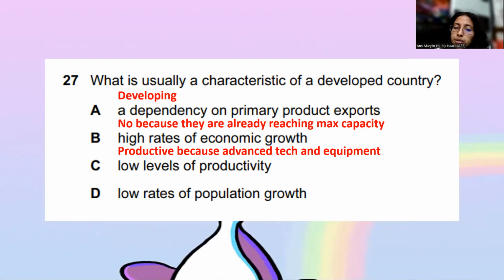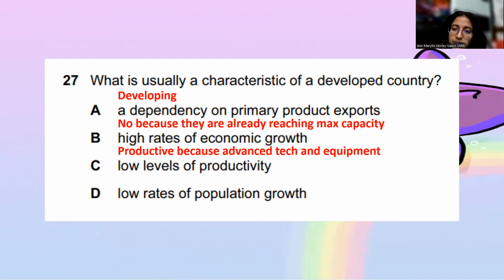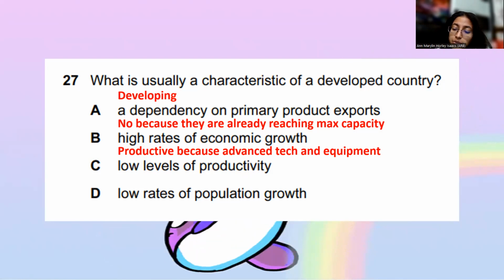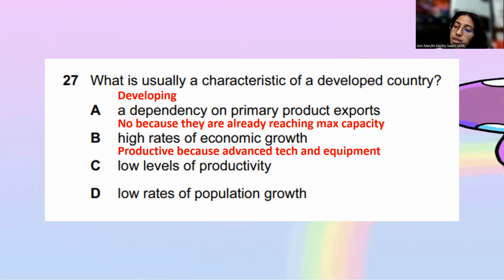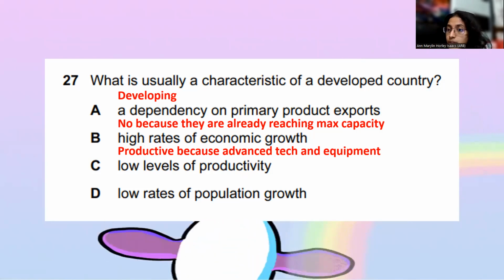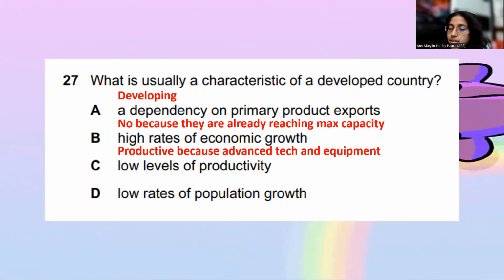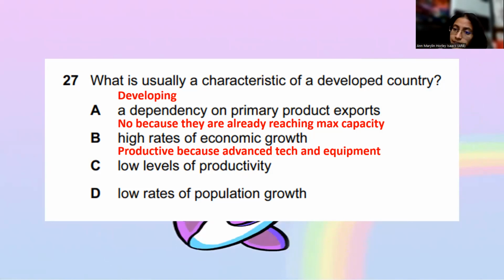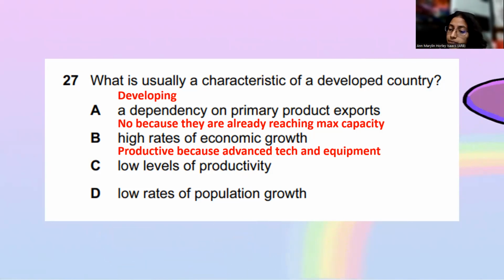Okay. Low rates of population growth. Yes, because in developed countries, people are pursuing their careers, they're educated on family planning. So you don't very often see families with 10, 15 children. That's usually in developing countries, and that had its own reasons really, because it could be culture, could be lack of knowledge on family planning.